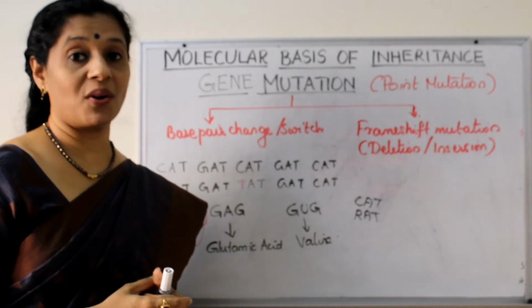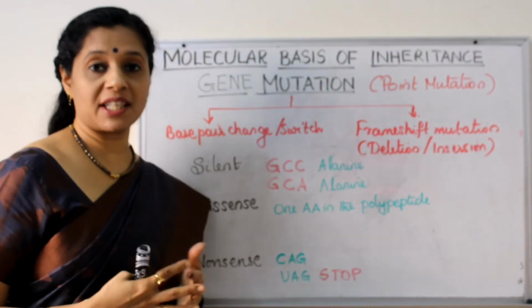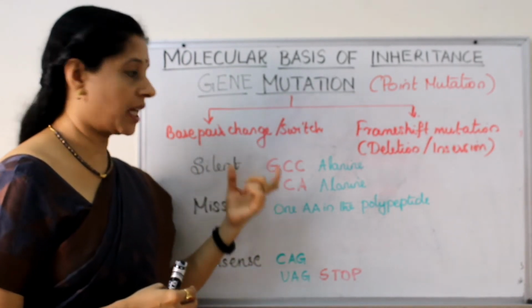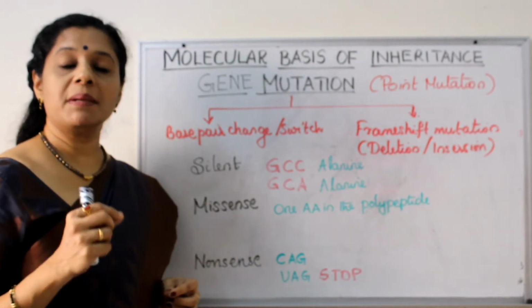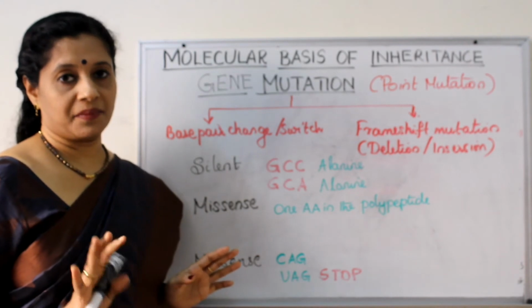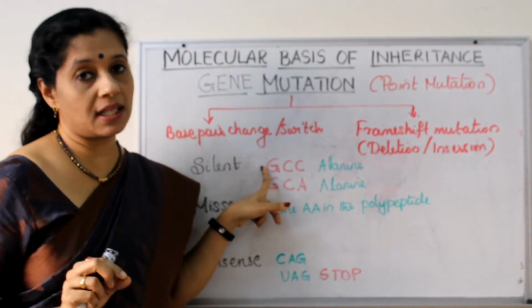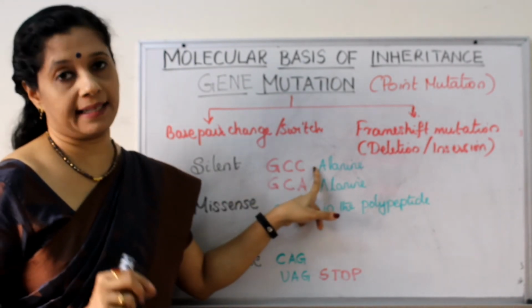But it may not always be the same. Its effects may vary. If we talk about the effects of different types of point mutations, that is base pair change, it can sometimes be a silent mutation. What do we mean by silent mutation? There is no effect at all. For example, the original sequence was GCC, which codes for the amino acid alanine.